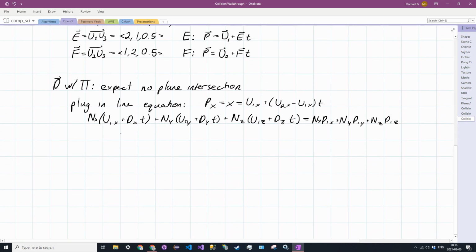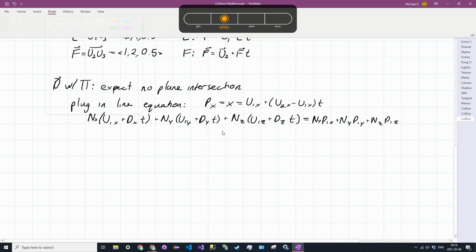Now when we solve for t, because that's our goal here, we want to solve for the parameter value that will give us the intersection here. So whatever value we get for t, that will be the parameter of the line at the point of the intersection.